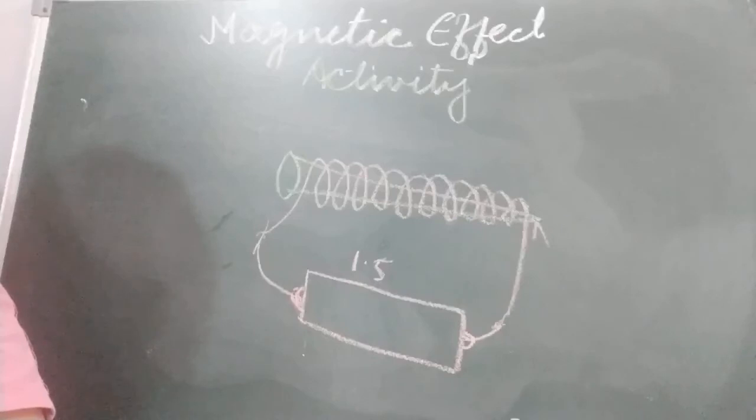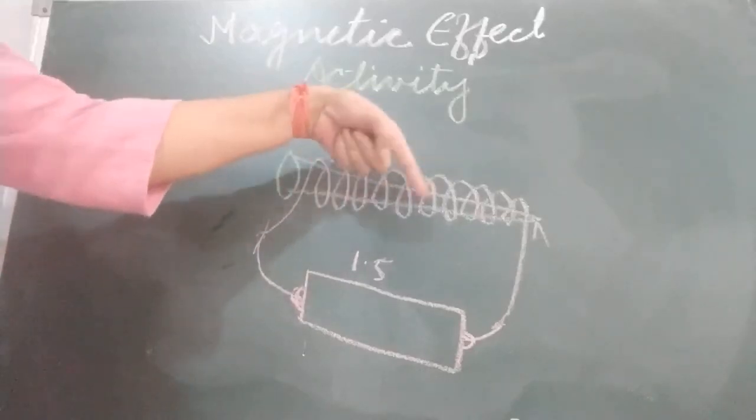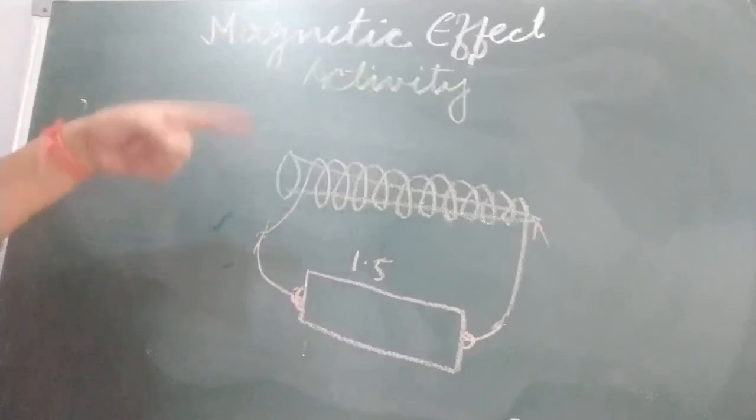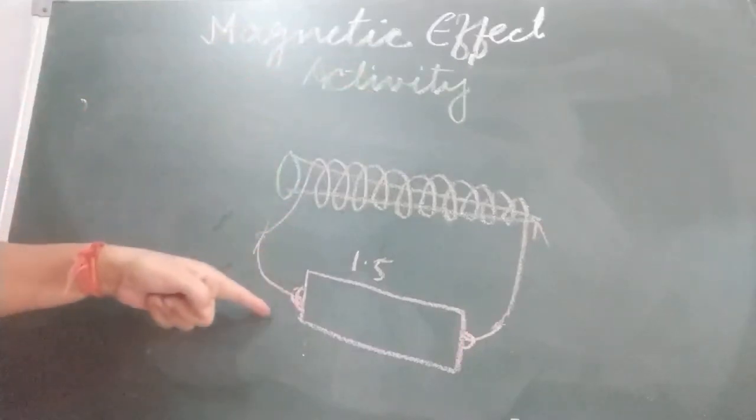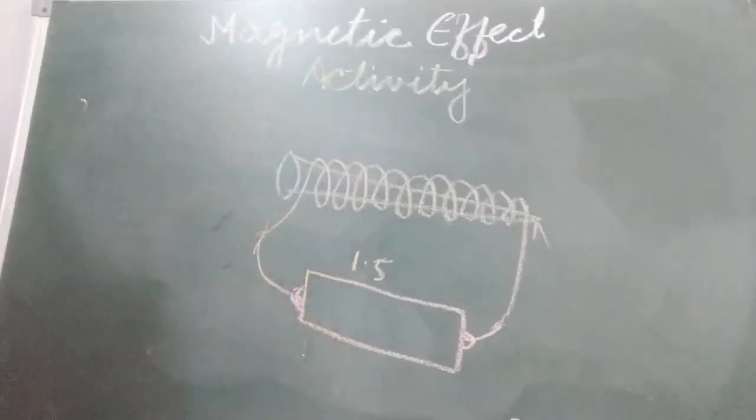Children, the iron nail attracts more safety pins when we make more loops. We add more loops, it is going to attract more, or if we increase the strength of the power of the cell, it is also going to attract more.